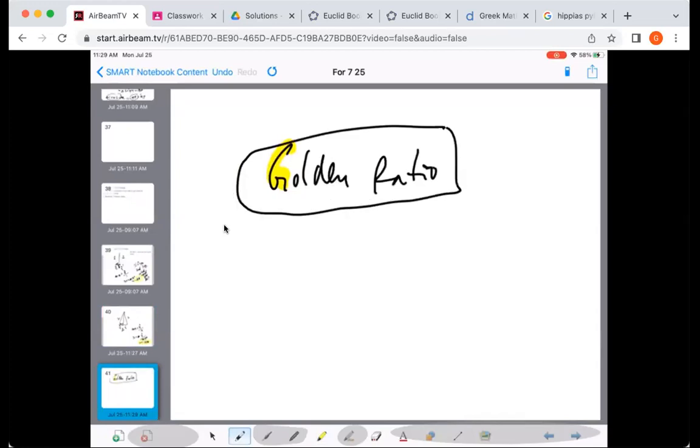Now the golden ratio officially is defined as follows. You have a line segment and you want to put a point somewhere on it, somewhere around the 2/3 area.